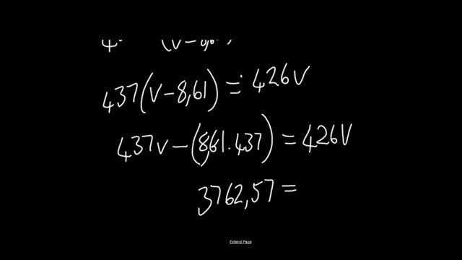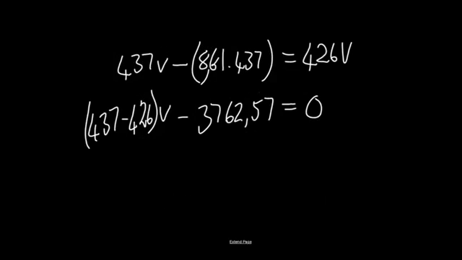I've got 437v, this was a minus, and this was a positive, but I'm going to take it to that side, and I'm going to say (437 minus 426), put that in brackets, v equals 0.